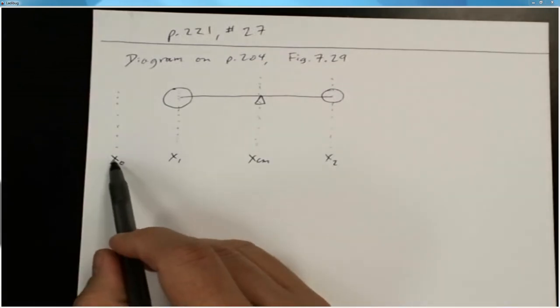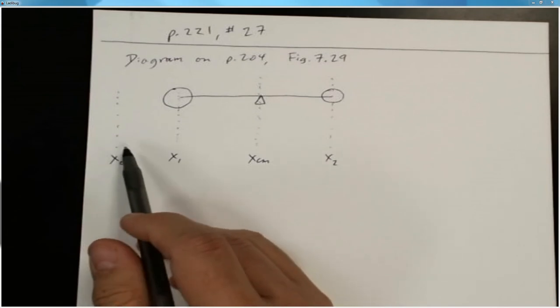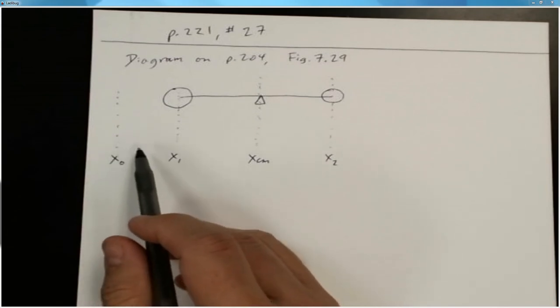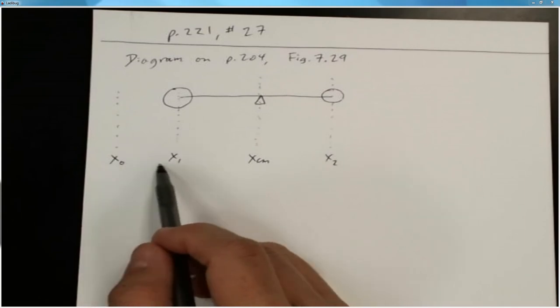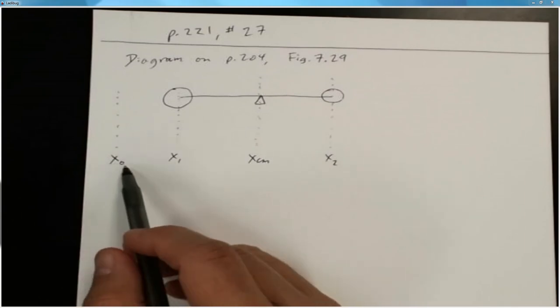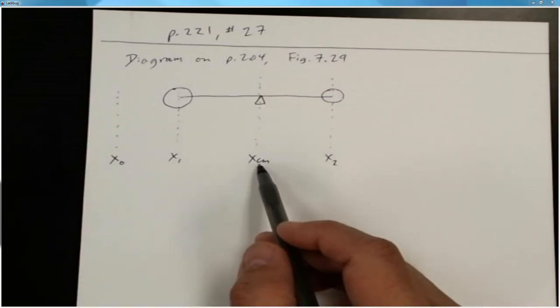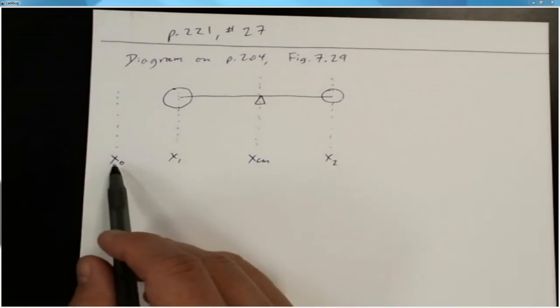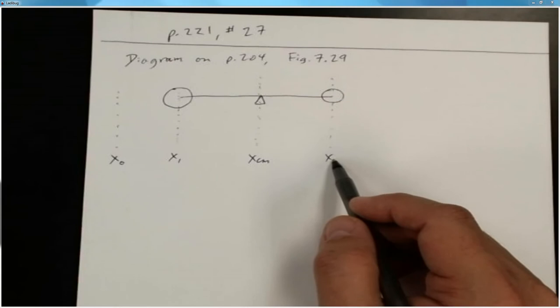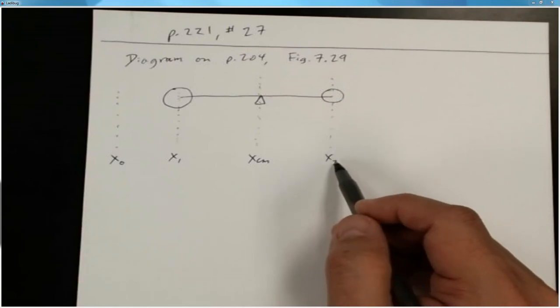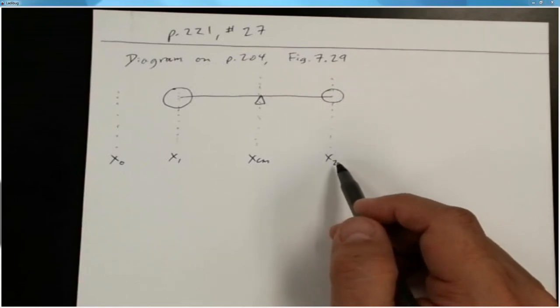The distance from my arbitrary origin, which I have put somewhere to the left here, to the far left-hand side of the barbell is x sub 1. The distance from my origin to the center of mass is x sub cm. And the distance from my origin to the far right-hand part of my pivoting object is x sub 2.